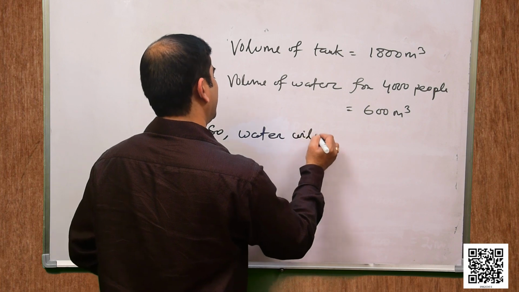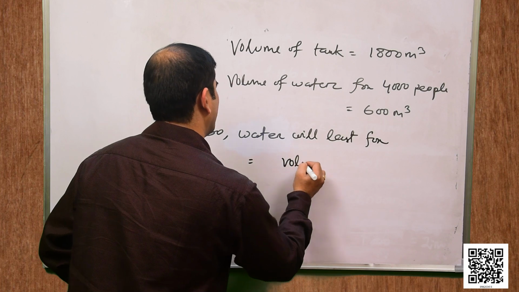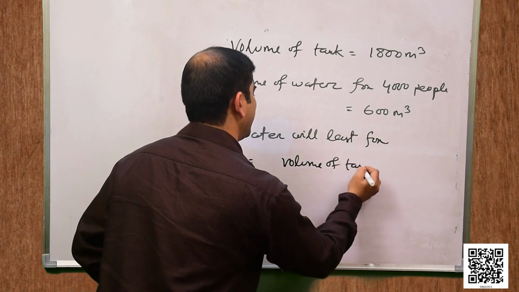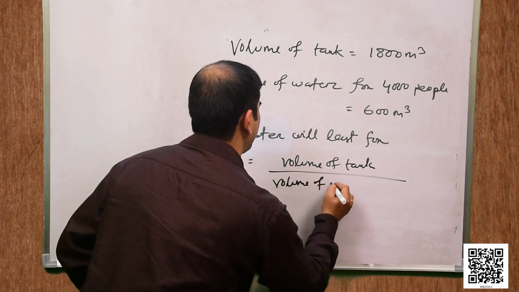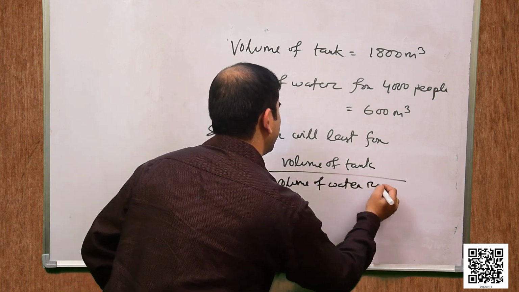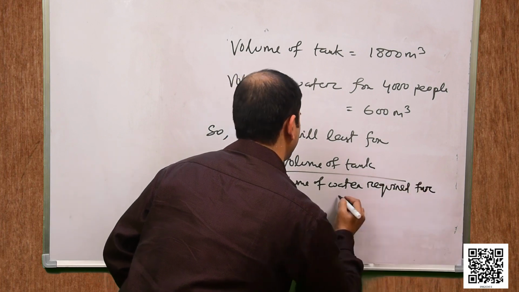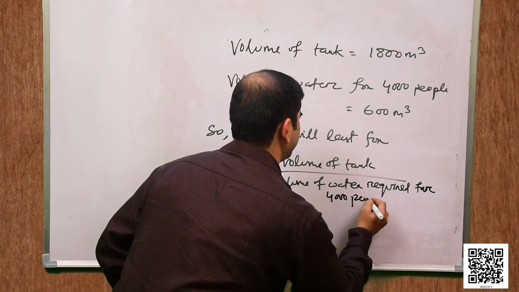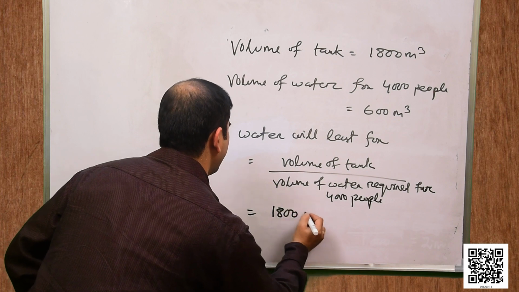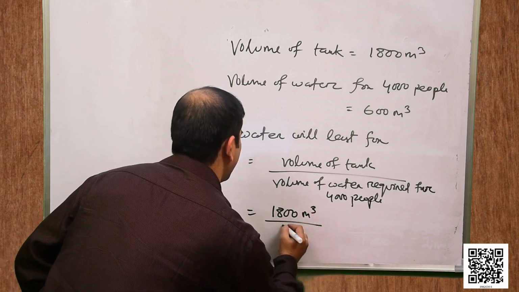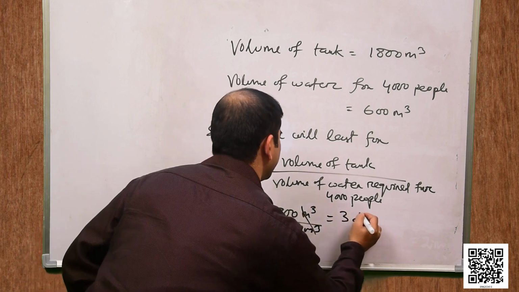Water will last for volume of tank divided by volume of water required for 4,000 people, that is equal to 1800 meter cube divided by 600 meter cube, which is 3 days.